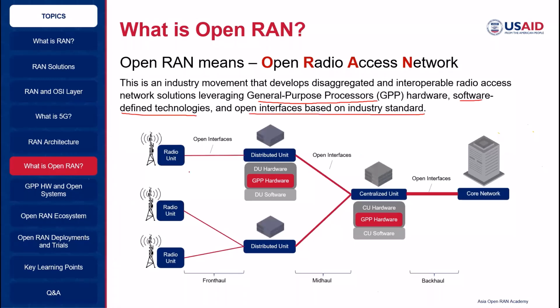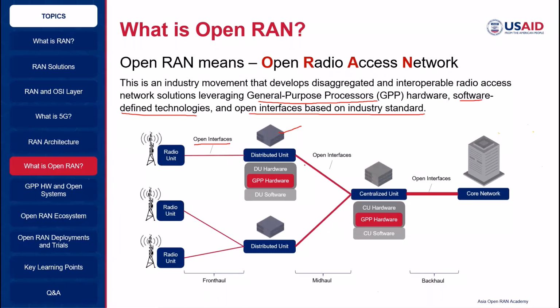It's almost the same actually in our implementation of the radio access network. It just so happened that we are using open interfaces and general purpose processors. Meaning you will not be mandated to buy specific equipment from a traditional vendor.